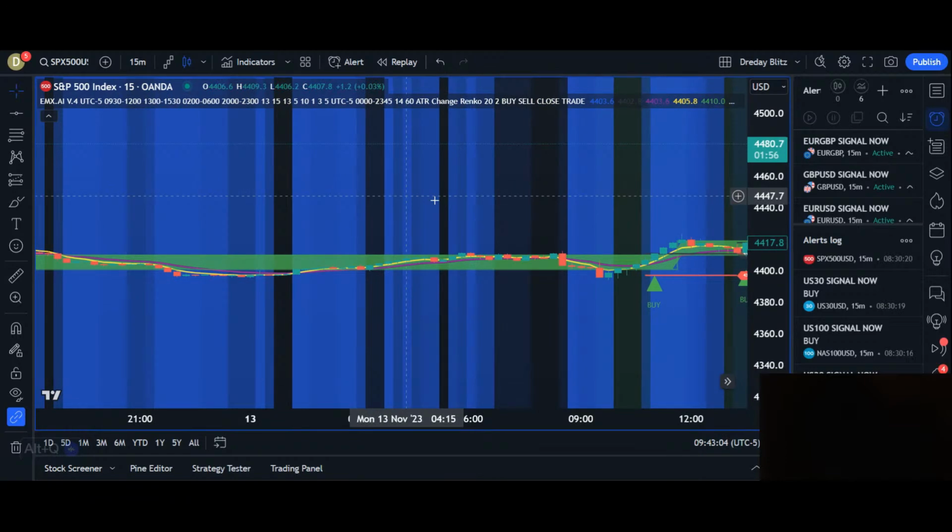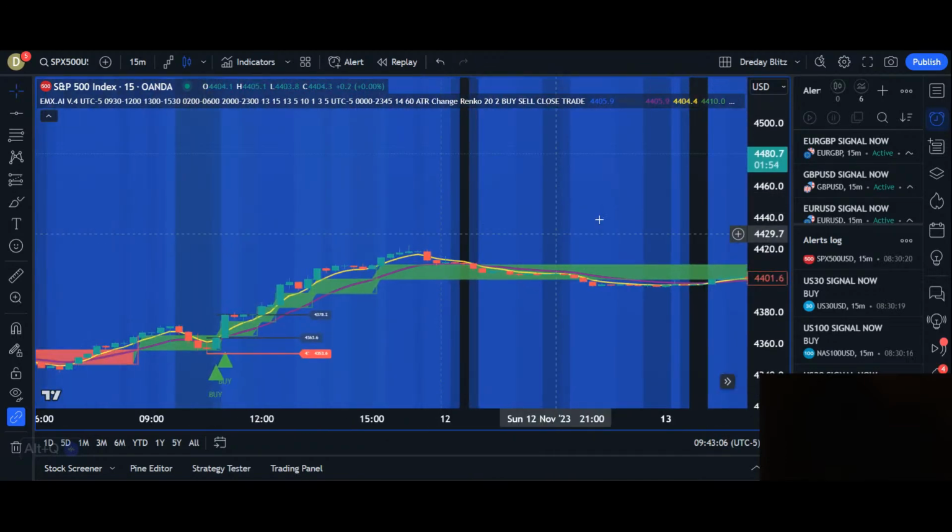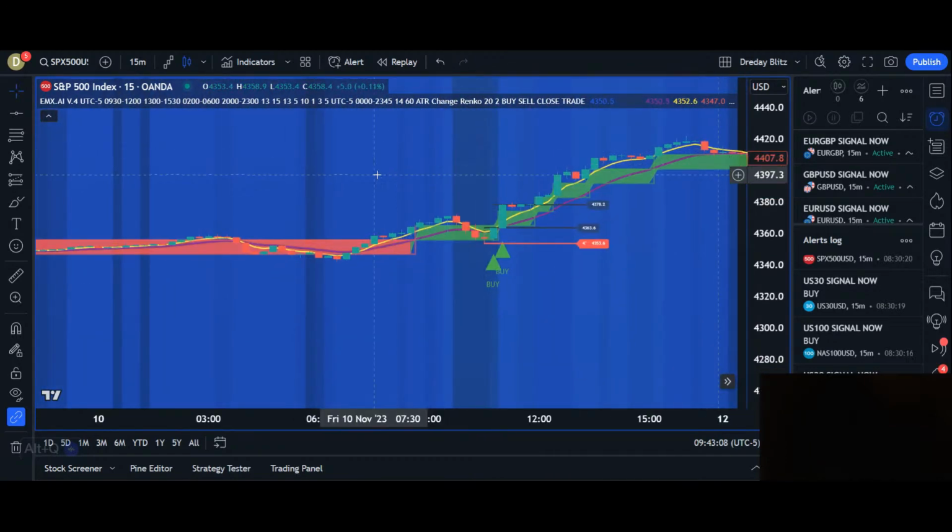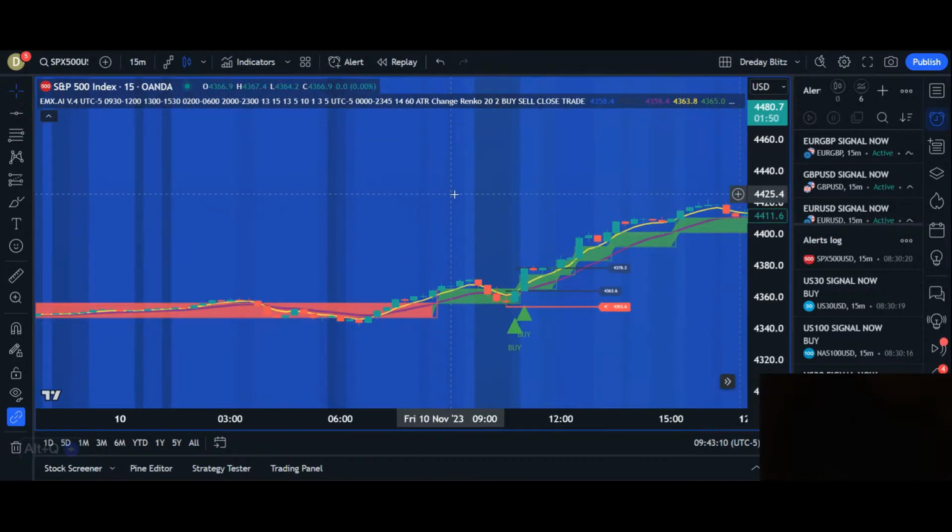So that's why if let's say you're trading with a prop firm, make sure that if you're trading with the EMX AI that you have a swing account. The reason why is that if you don't use a swing account, automatically the prop firm will cut your trade at market close on that day.